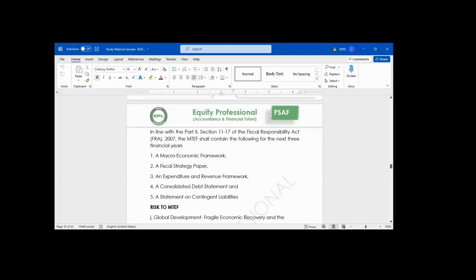When the president or the governor wants to present the medium-term expenditure framework to the National Assembly, he must attach all these documents I mentioned: macroeconomic framework, fiscal strategy paper, revenue framework, expenditure framework, consolidated debt statement, and statement on contingency liability. So these are the contents of the medium-term expenditure framework.